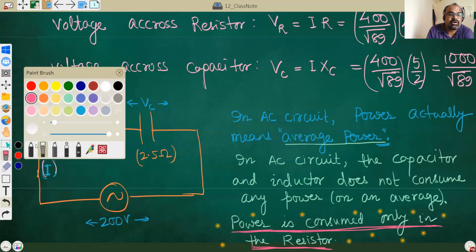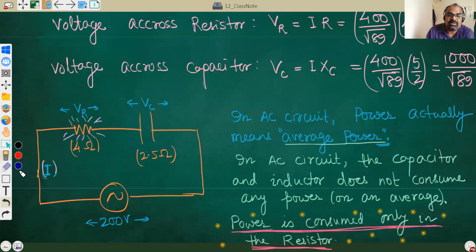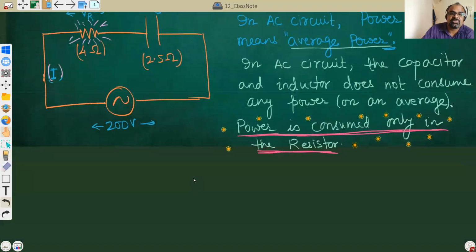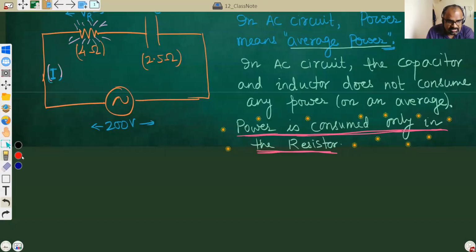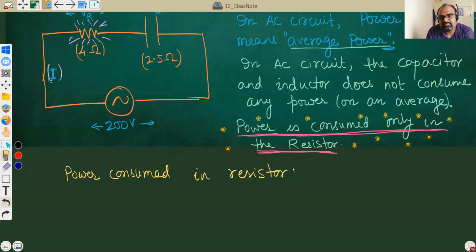Okay, now what is power consumed in the resistor? Well, for that we have a world famous formula. Everybody knows it, I square R. Power consumed in resistor or by resistor is I square, of course, which current you will take?